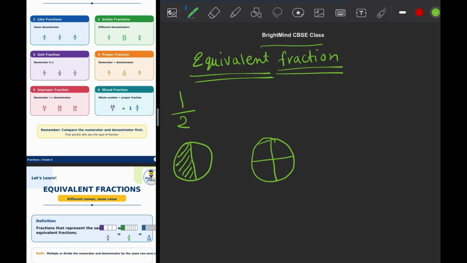I will fill two pieces with lines, and suppose I eat these two pieces. So here the denominator is 4, because I divided this pie into 4 pieces.